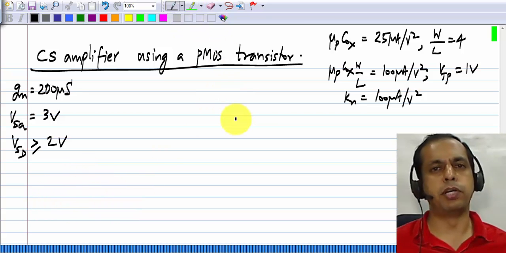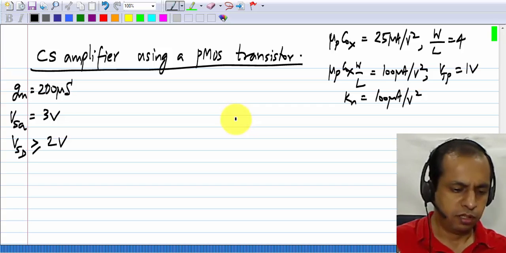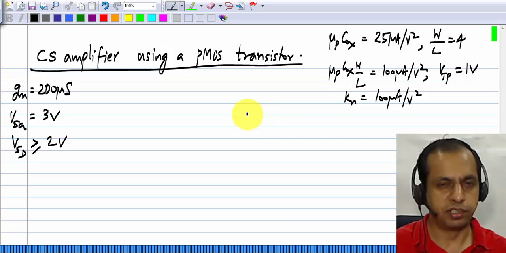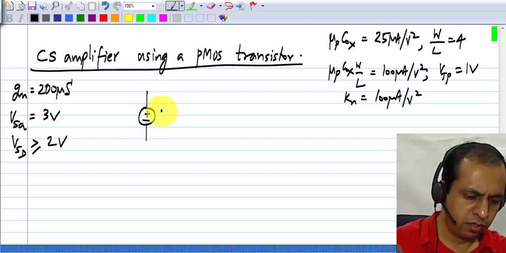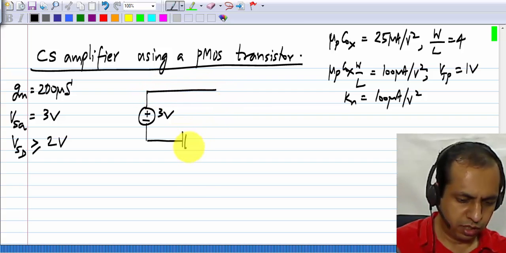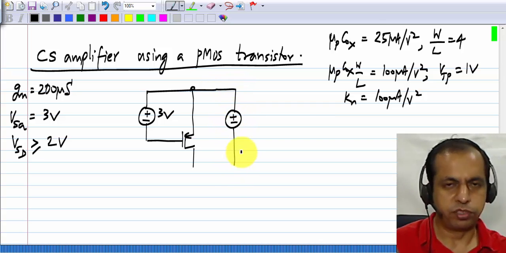The first step is to bias it. Just like with the NMOS transistor, we use constant VGS biasing just for illustration. Okay, so we want VSG equals 3 volts. So I'll use 3 volts here, and we want VSD of some value.